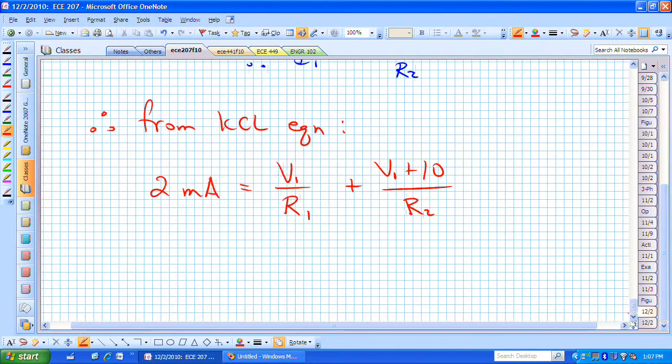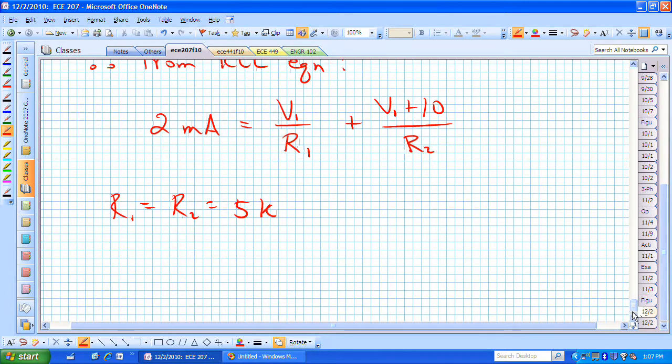And remember, R sub 1 and R sub 2 were the same, and they were equal to 5K. Let's multiply both sides through by that 5K amount to clean things up, and we now have 5K times 2 milliamps is equal to V1 plus V1 plus 10.